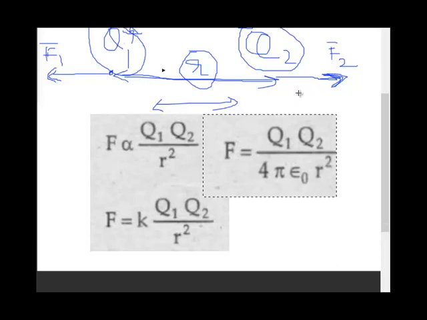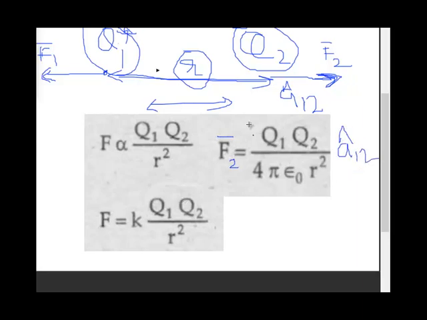If I call it a cap 12, a cap 12 is a unit vector having a direction from Q1 to Q2.